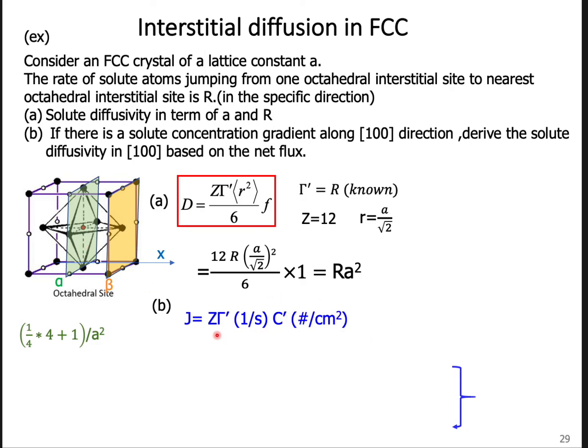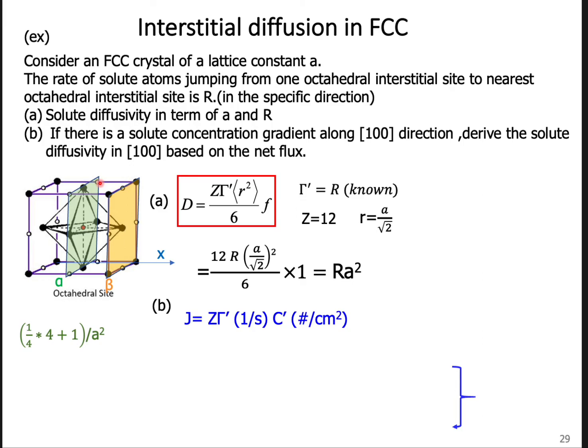And next, you need to determine the number of possible jump directions for these interstitials. First of all, we check this one. Possible jump directions to the beta plane: you got 1, 2 with the same distance, and you also have one inside the monitor plane.